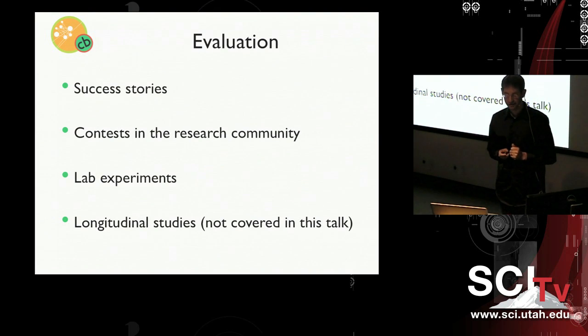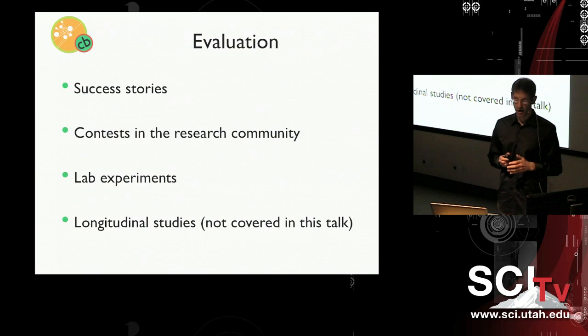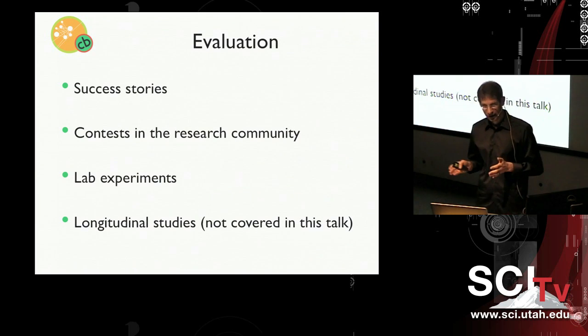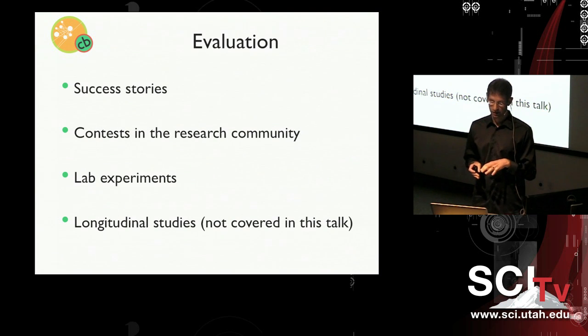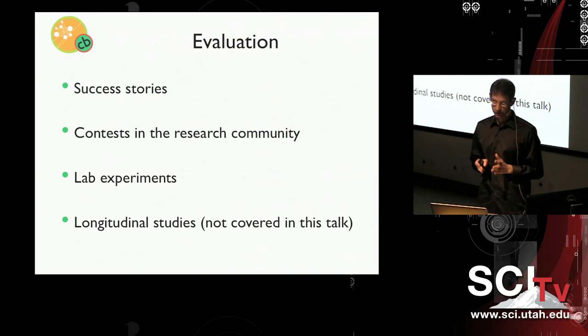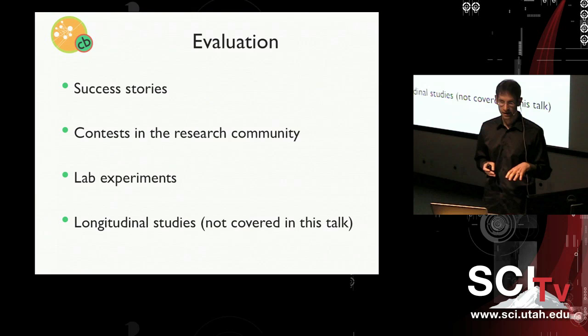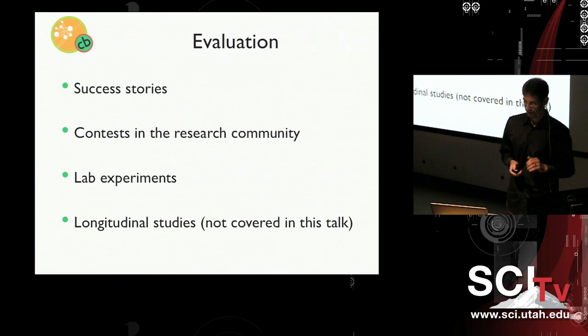And finally, there's also longitudinal studies where we can deploy the system and then we follow analysts for a longer period of time to find out what they struggle with, where the system helps. But I'm not covering the last point in my talk. We did a longitudinal study of the Jigsaw system, but that was basically part of the PhD thesis of Yonor Kang, who was a student of John Stasko and who is now at Google. And if you're interested, I can give you a pointer to that paper.